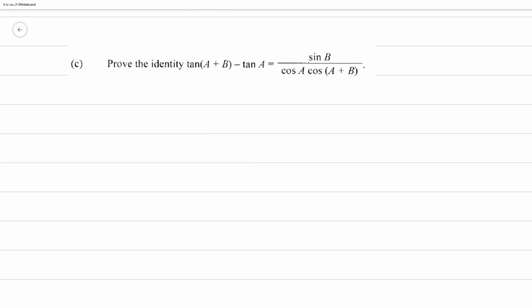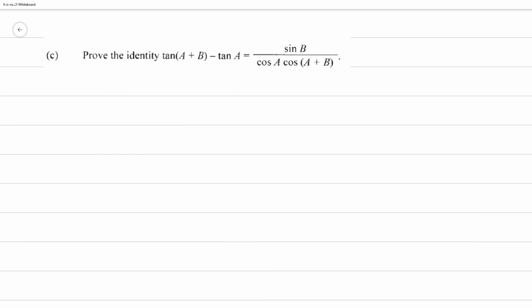Okay, so this is the last part in number 3, and it's an identity, and I'm glad it's last in the question because normally you spend a lot of time trying to prove an identity. Students as well, or candidates, do get some problems when proving identities. So it's probably good it's last in the question.